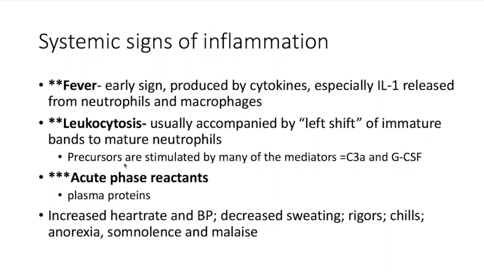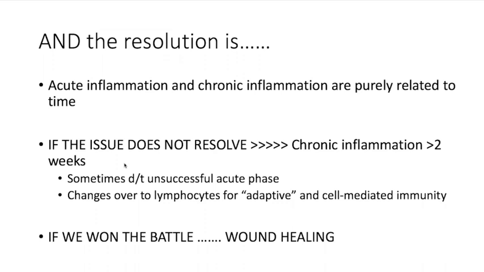So this is that fever, leukocytosis, and acute phase reactants. So now we're moving into that acute phase, and we'd have those systemic signs of inflammation. Resolution is, hopefully we're winning the battle. If not, we're getting really into adaptive immunity or we're going into wound healing.